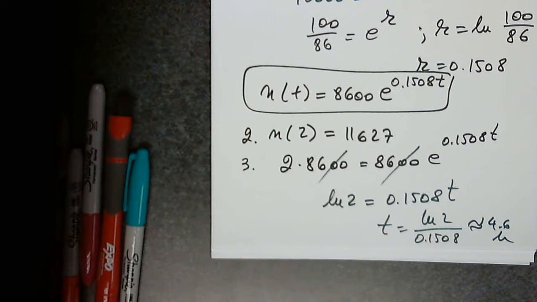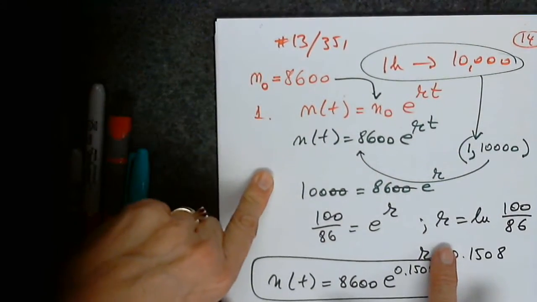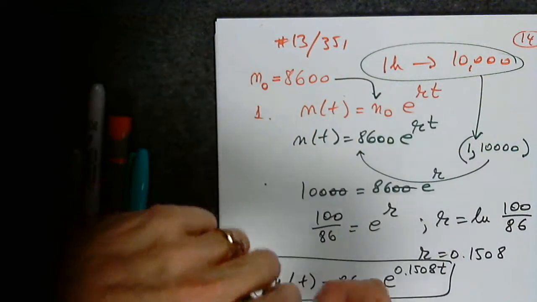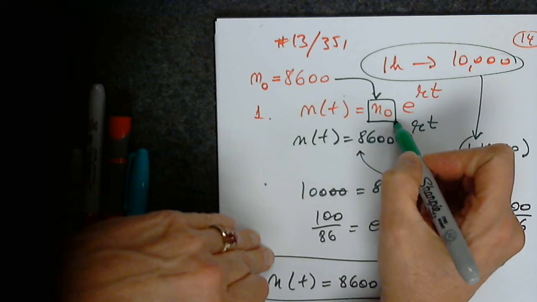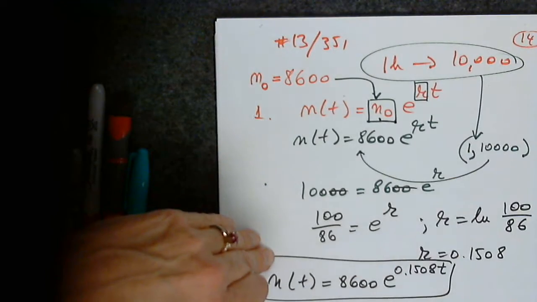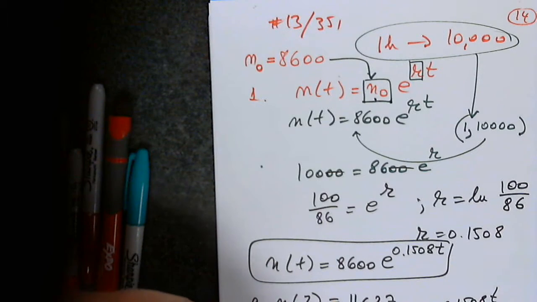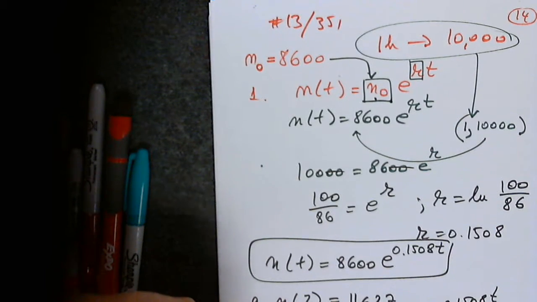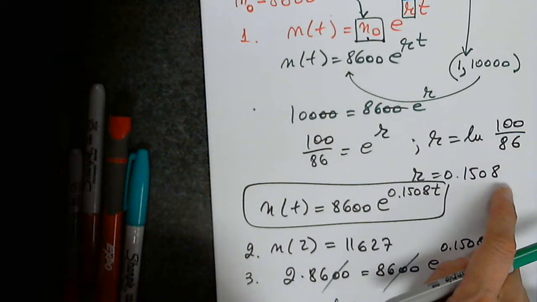Okay, let's move on. Any questions, please? Yeah, quick one. So in A, when we solved for R, what was that? We were asked to find the model. So in order to find the model, we have 2 questions to answer: the initial and R. R is the relative rate of growth.